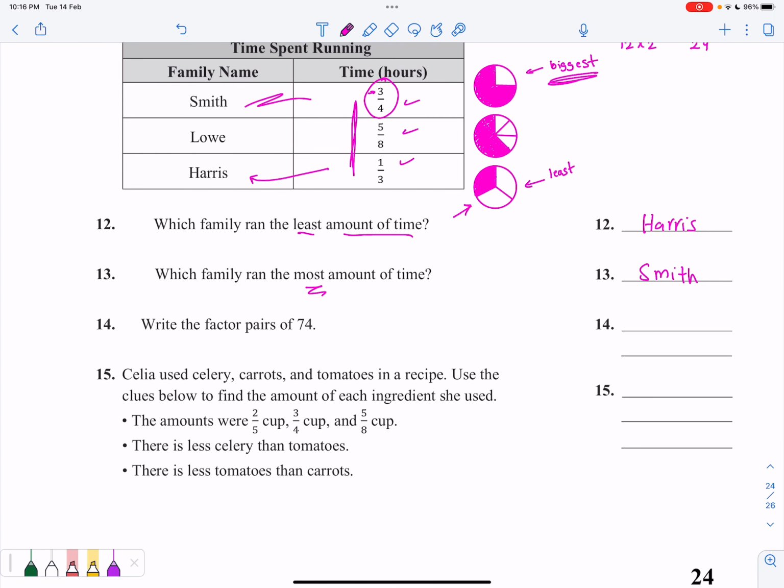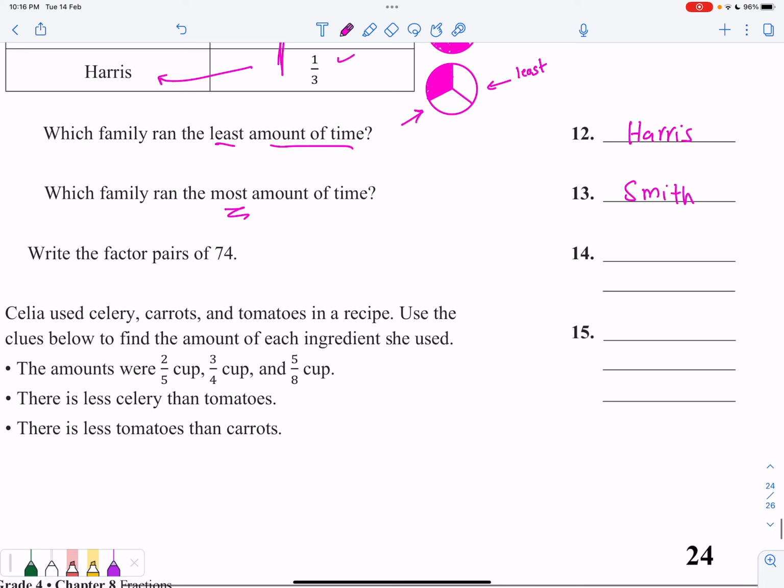Now question 14 says, write the factor pairs of 74. How can we make the number 74? We can make it from the most common way, which is 1 times 74. Can we make it a different way?